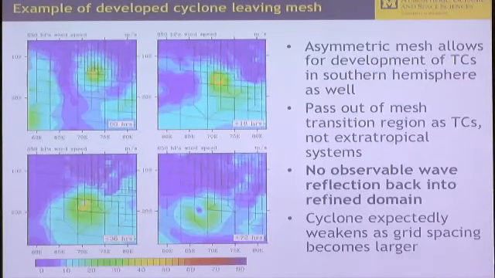So for example, here we have a nice Category 1 hurricane that was moving along in the southern hemisphere, and as it slowly, over 72 hours, propagated out of the fine mesh into the coarse mesh, again, we don't see any real observable wave reflection, no significant numerical error, and also the cyclone expectedly weakens as the grid spacing becomes larger, as we're unable to resolve that core.